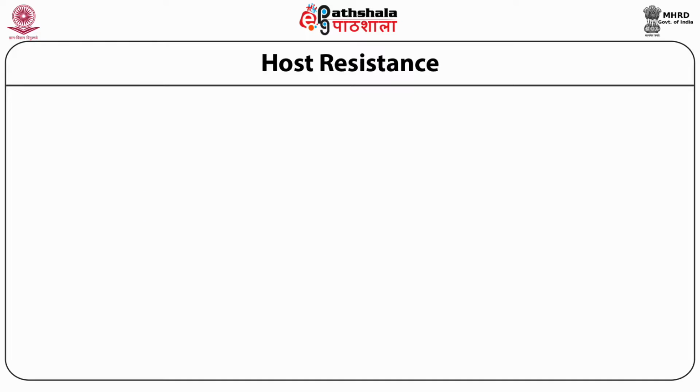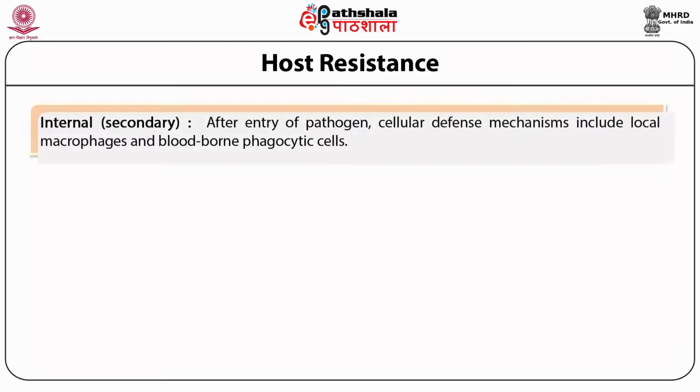If the pathogen is able to enter the body in spite of external resistance by the host, it will try to attach to the receptor present on host cells and will try to invade and multiply. But here also the host body has robust resistance mechanisms against the pathogens.